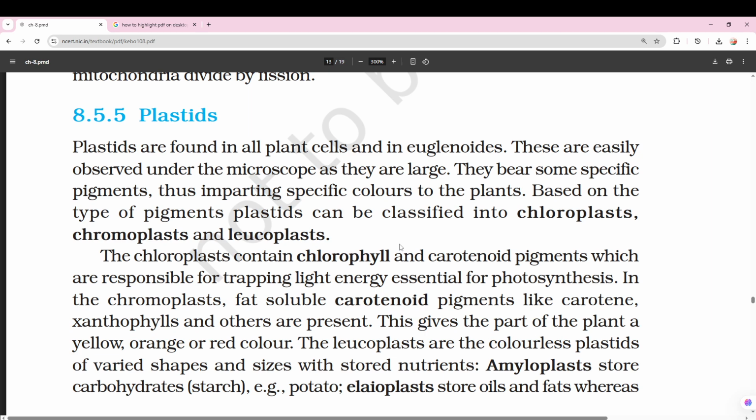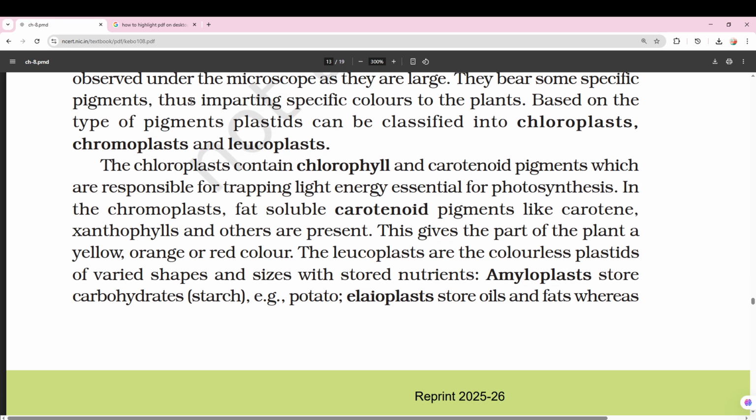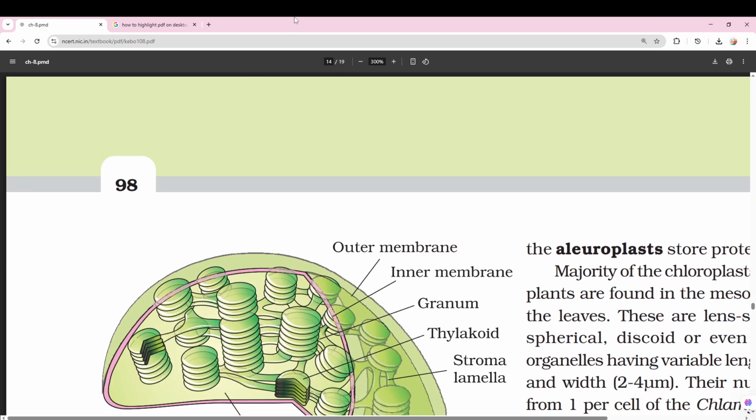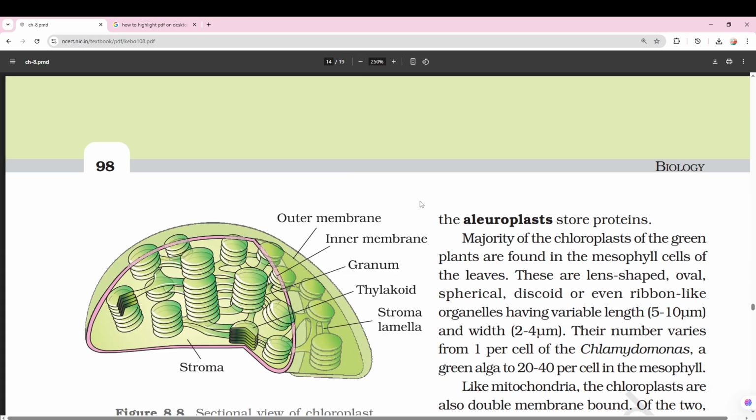The leucoplasts are colorless plastids of varied shapes and sizes, which store nutrients. For example, amyloplasts store carbohydrates, such as starch in potato. Elaioplasts store oils and fats, whereas aleuroplasts store proteins.